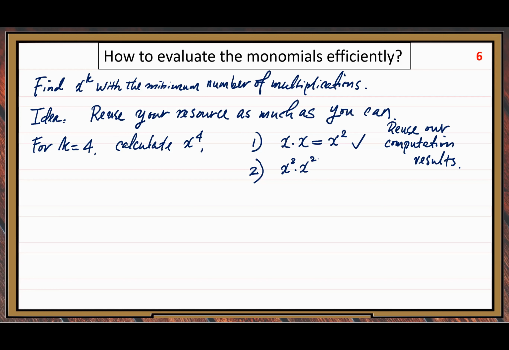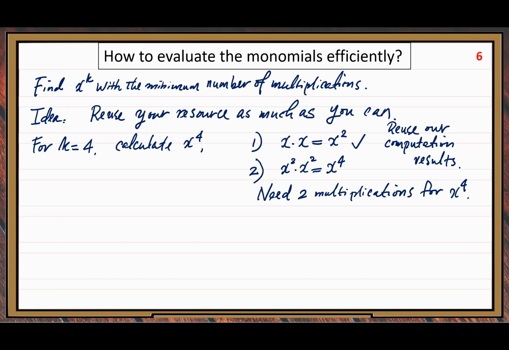We multiply it with itself and get x to the 4th. That's our goal. So here we need 2 multiplications for x to the 4th.